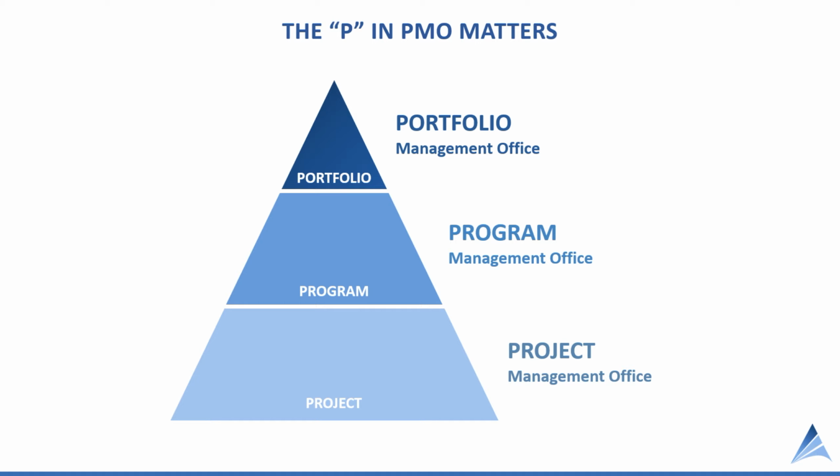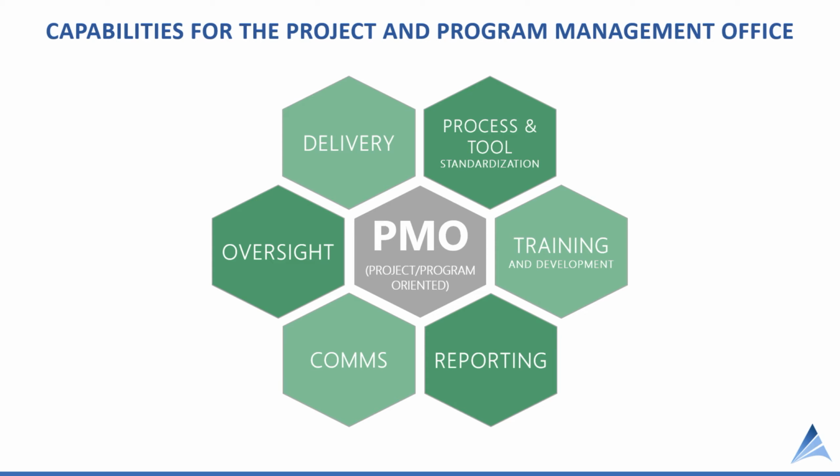We're going to take a look at the primary capabilities of both a project and program management office as well as a portfolio management office. And as was mentioned, the primary capability for a project and program management office is delivery. It's the successful execution and completion of projects and programs.